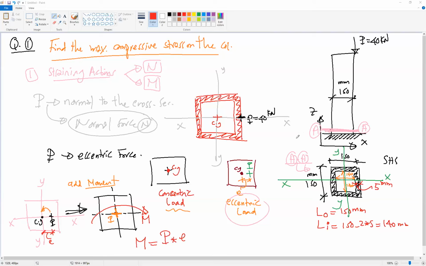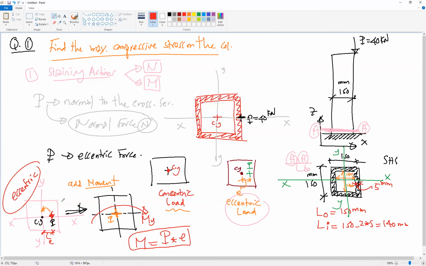Okay, again, I'm just trying to deal with this eccentric loading. We need to move the load to the centroid or the CG and add a moment M. This moment M equals the force P multiplied by the distance E. This moment is My because the load is acting on the x axis, so there is no eccentricity with x.